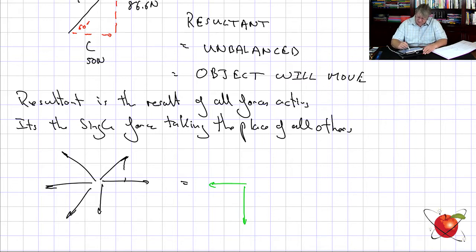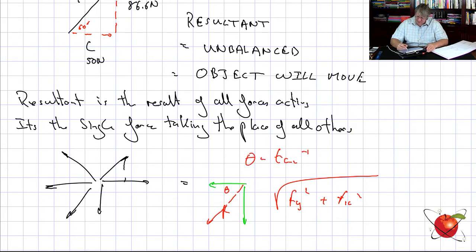And then we worked out the final resultant force, which was, say, over there, R. And remember, it was the square root of Fy squared plus Fx squared. And we worked out the angle, which was theta equals arctan of Fy over Fx. Remember those? Okay, just to recap those.